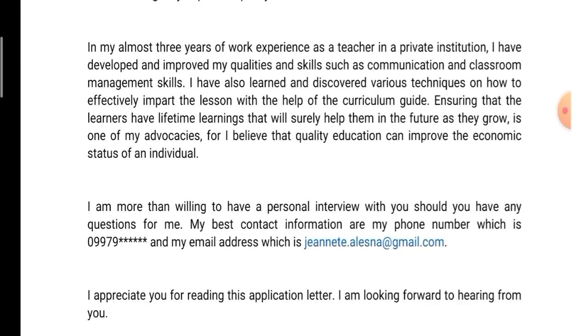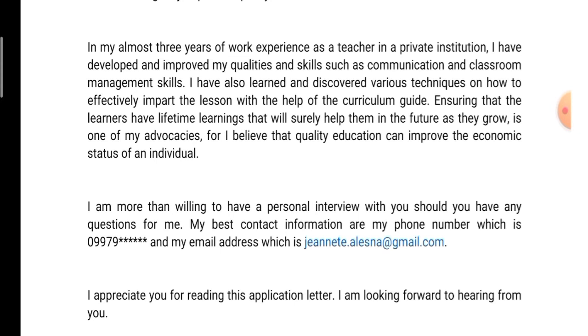In the second paragraph, you're going to indicate here your capabilities and your qualities as to why you are fit for the position, as to why you're fit for the job. For example, in my almost 3 years of work experience as a teacher in a private institution, I have developed and improved my qualities and skills such as communication and classroom management skills.